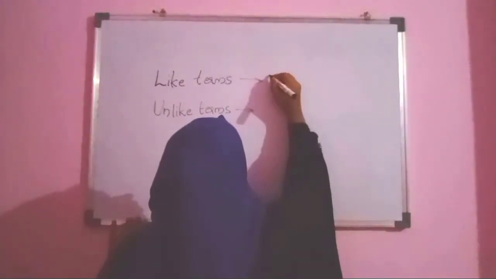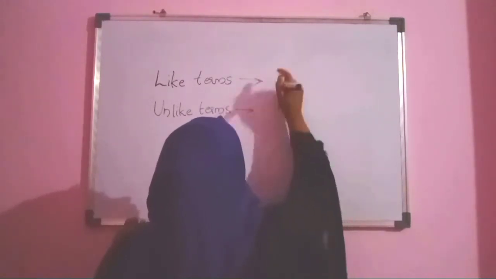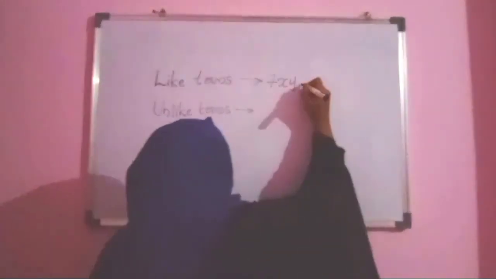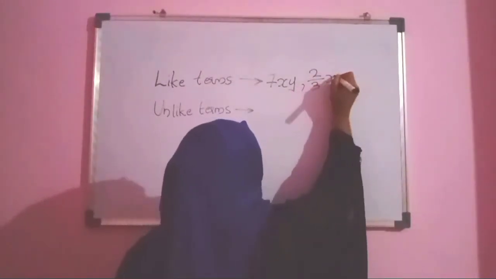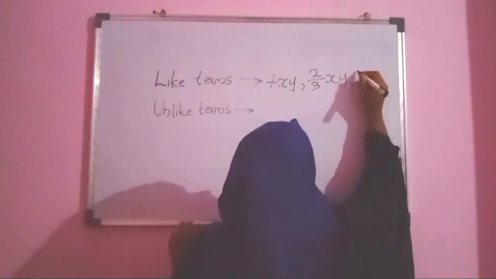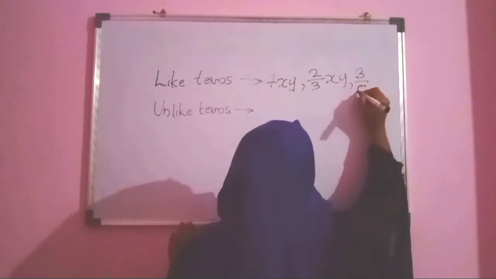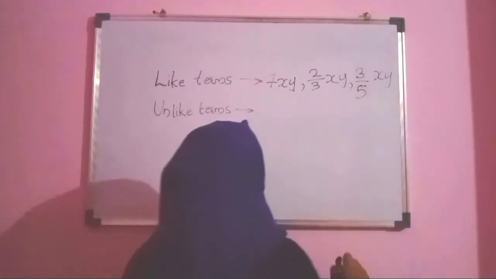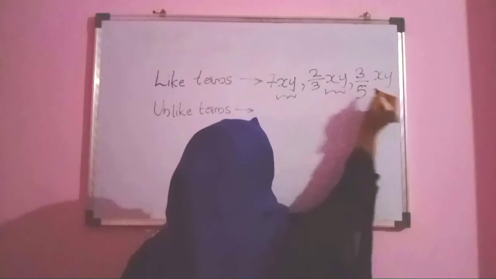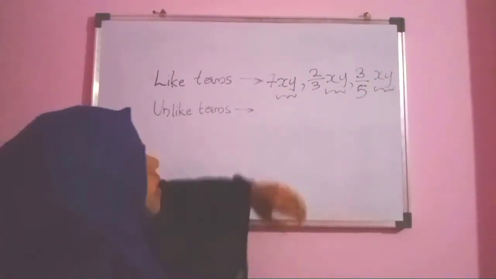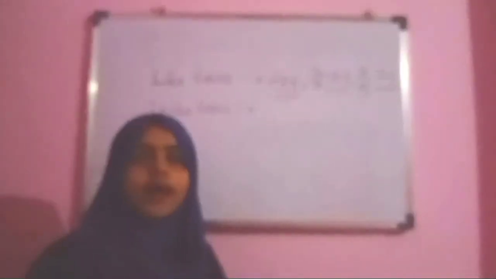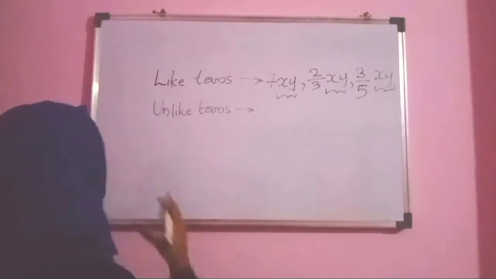For example, 7xy, 2 by 3 xy, 3 by 5 xy. All these have variables x, y. So these are terms with the same variables. So these terms will be like terms.